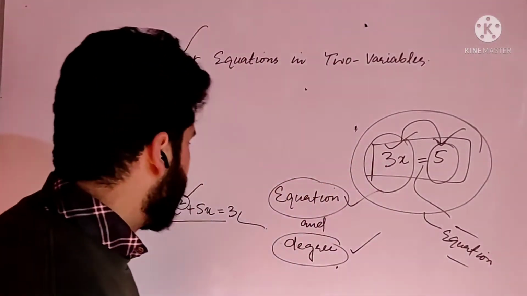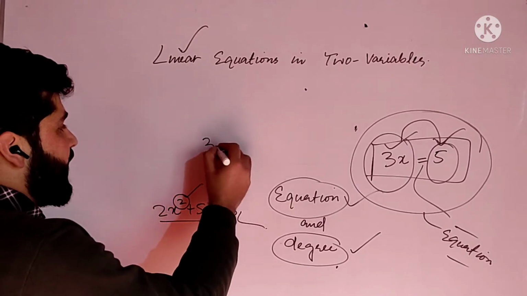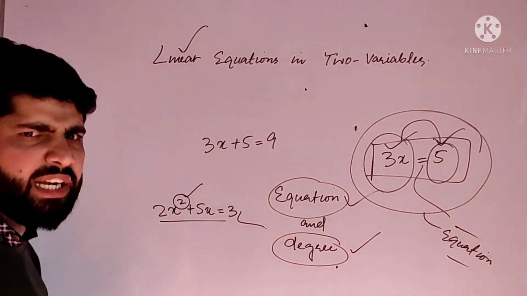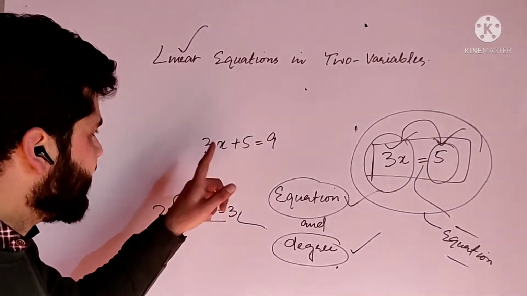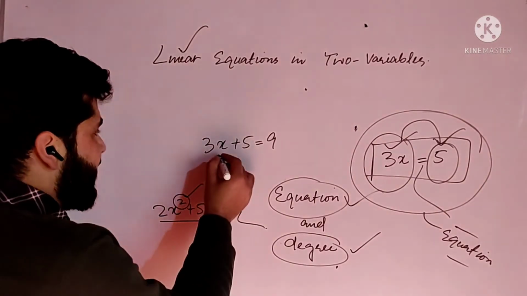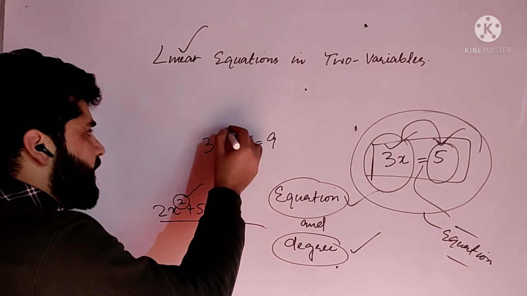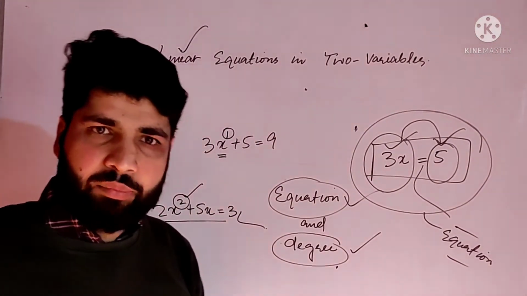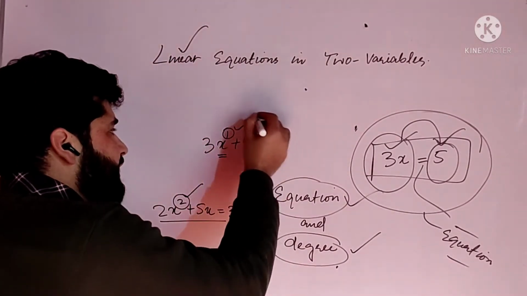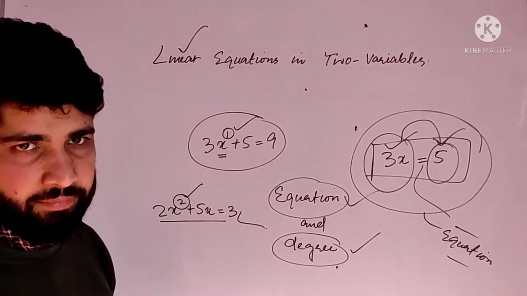For example, I have here an equation 3x plus 5 is equal to 9. Let this be an equation, and in this equation we have only one type of variable, that is x, and this 1 is the exponent of this x. So this 1 is considered the degree of this equation.